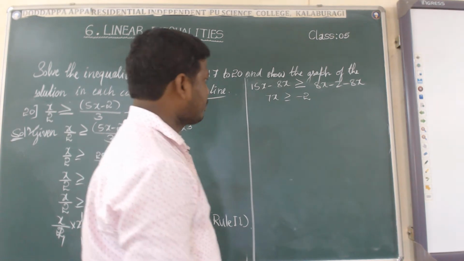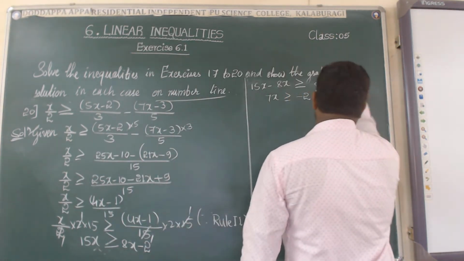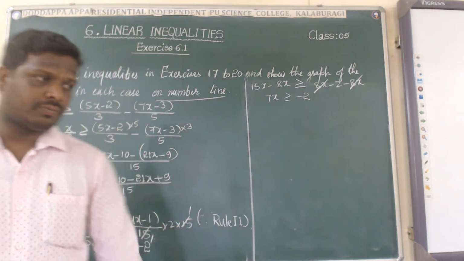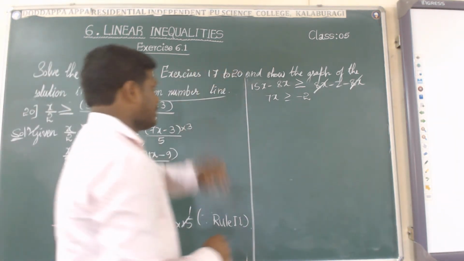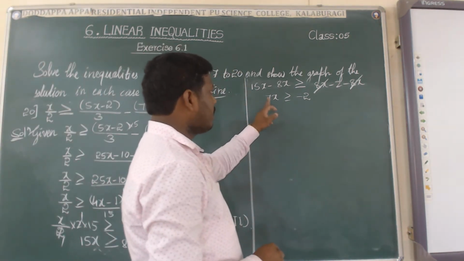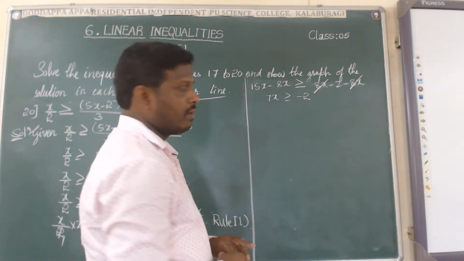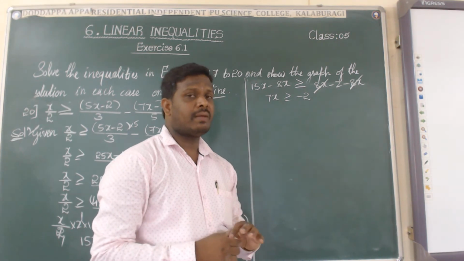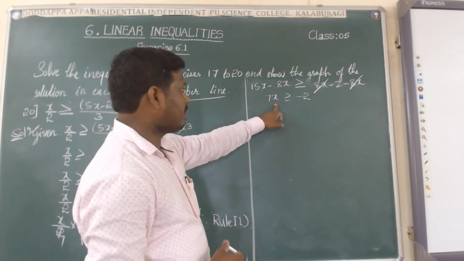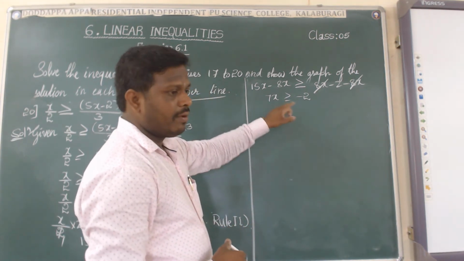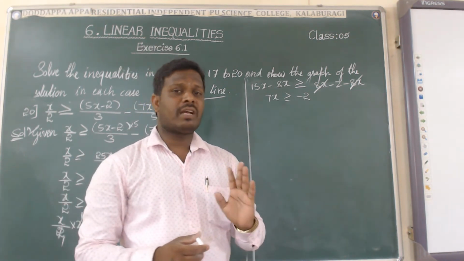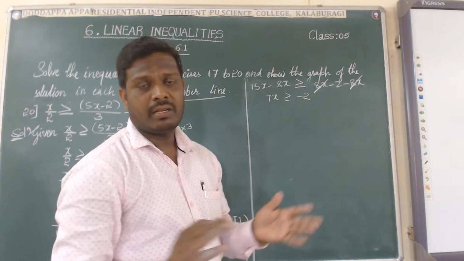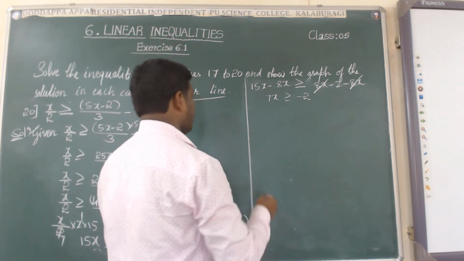This both will become 0. 7x is more than or equal to minus 2. For making this one, what we do? We have to divide by 7 on both sides. For making the coefficient of x positive 1, we have to divide both sides by positive 7. Then also the sign will not change.